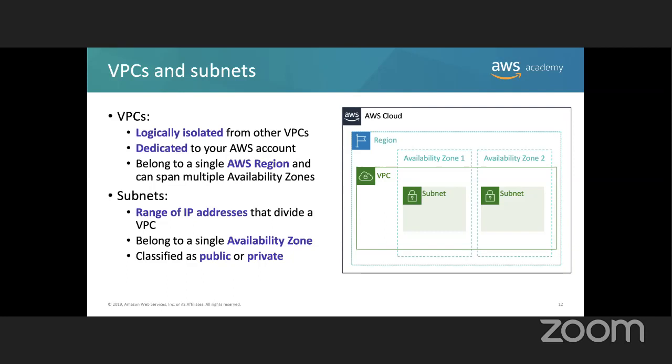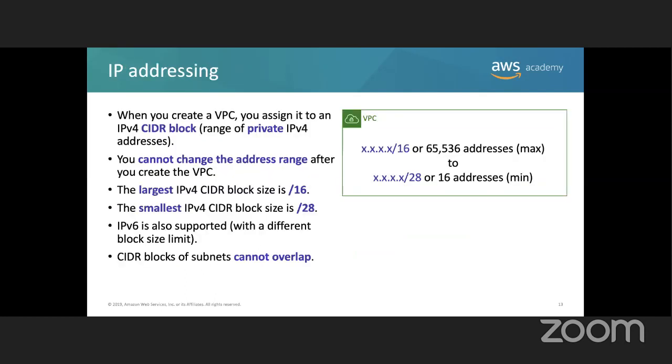So classify as public or private. That's the subnet. When you create a VPC, you assign it an IPv4 CIDR, a range of IPv4 or IPv6 addresses. The largest block is /16, and the smallest is /28.